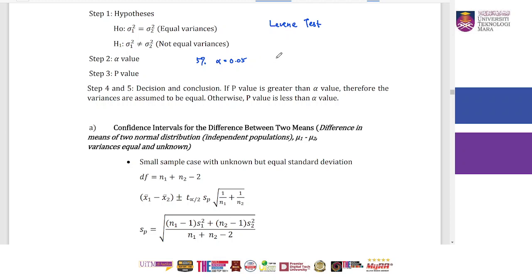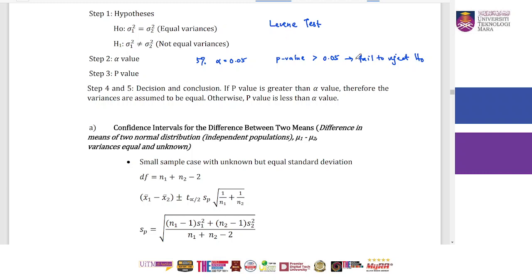Okay. If the p-value is greater than 0.05, so in this case you fail to reject H naught. Okay, and vice versa. If p-value is less than 0.05, then you reject the null hypothesis.